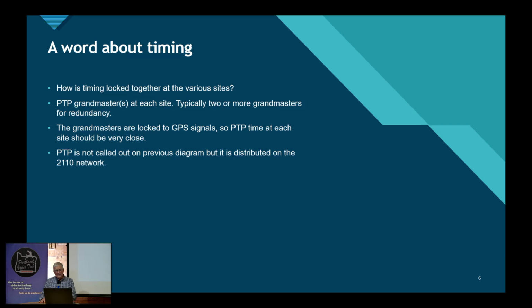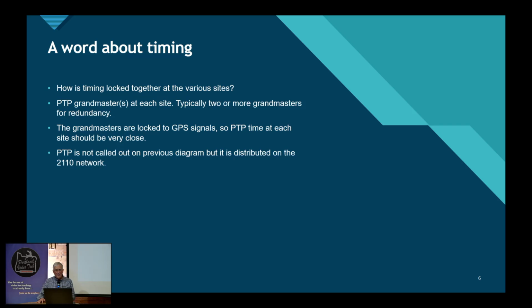So now you look at this, and I say that 2110 has very strict timing requirements. So how is this timing all locked together when you're at all these different sites? There have to be PTP grandmasters at each site. Typically, you have 2 or more grandmasters for redundancy purposes, and the grandmasters are locked to GPS signals.